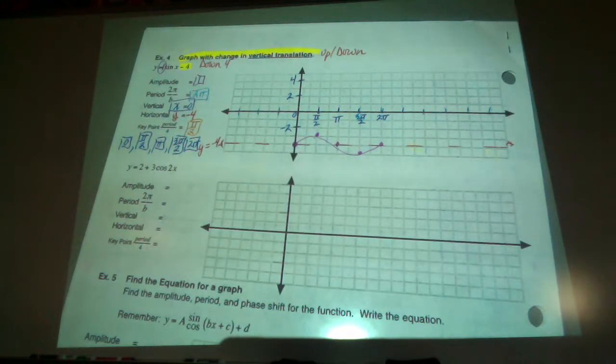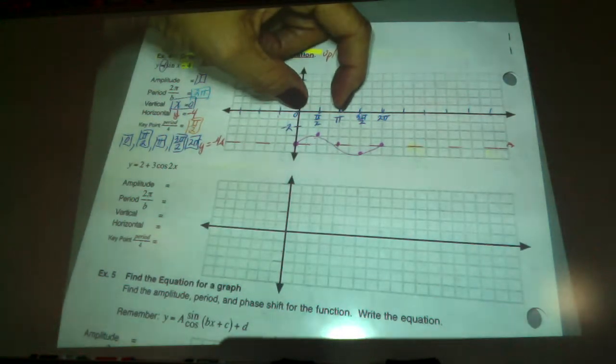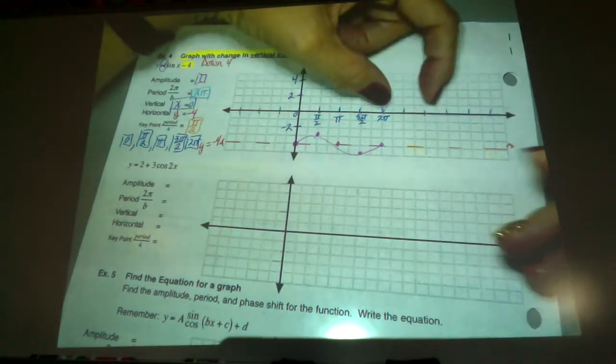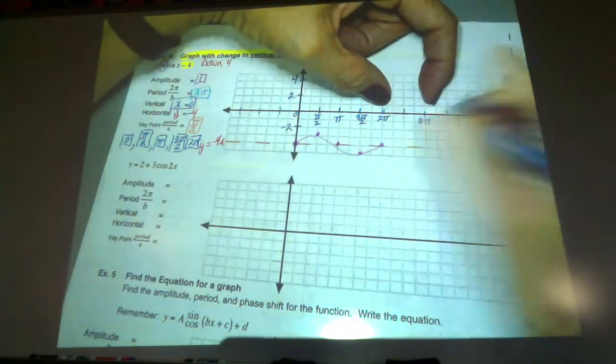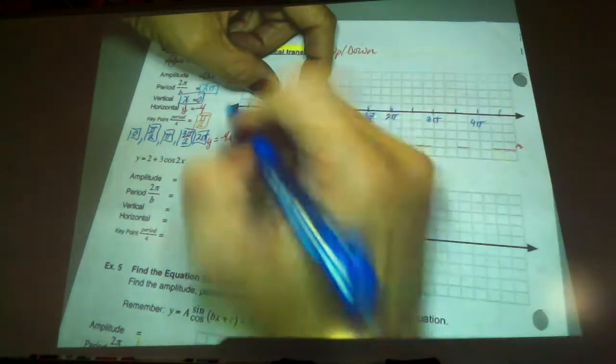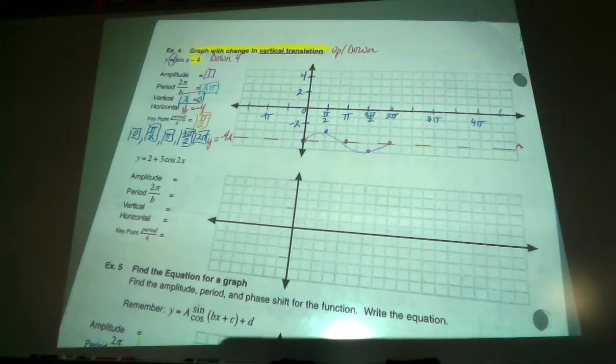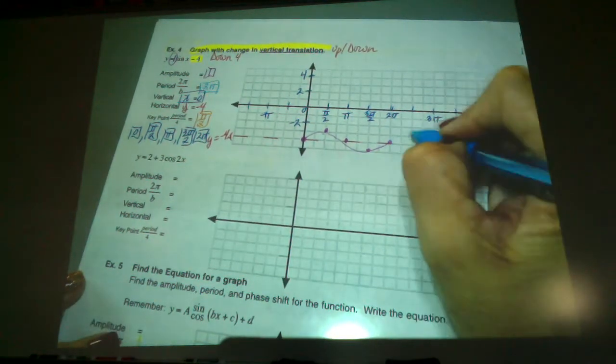And then from there, I want to finish my partitioning. So again, every 4 grid lines is pi for every 2 increments. So this is 3 pi, 4 pi. And then this would be negative pi. So if you want to finish off marking those, and then mark in your pattern.